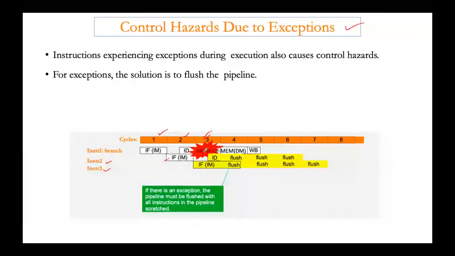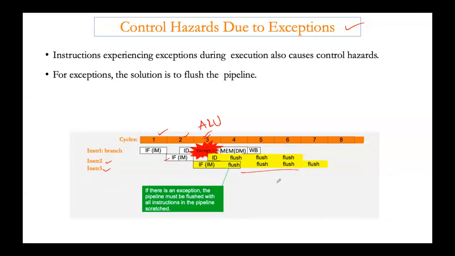But during execution, when the branch instruction hits an exception, the ALU hardware used to execute will be busy handling this exception. So instruction 2 and instruction 3 stop executing, and if you identify the exceptions in execution, all those instructions will be flushed out.